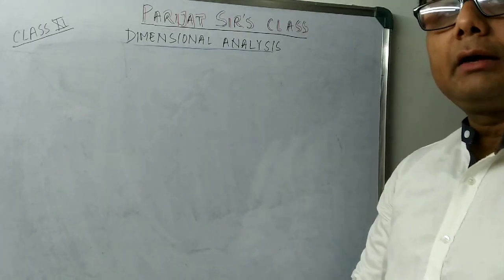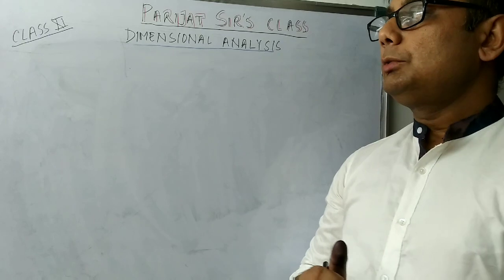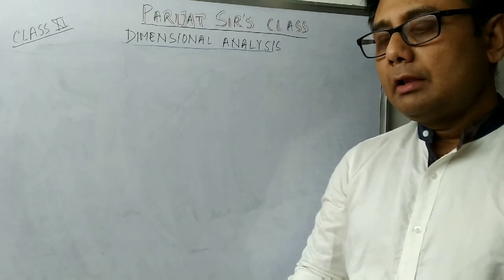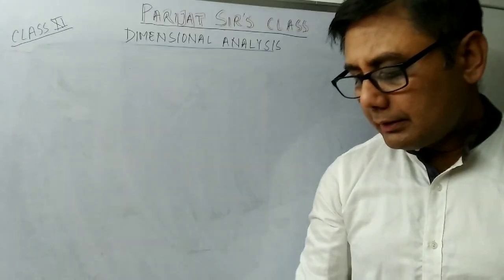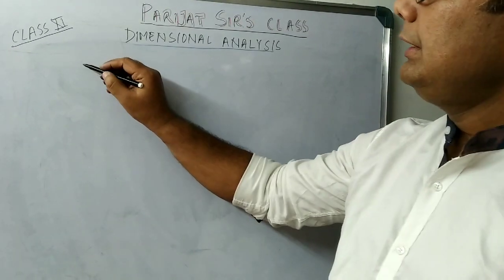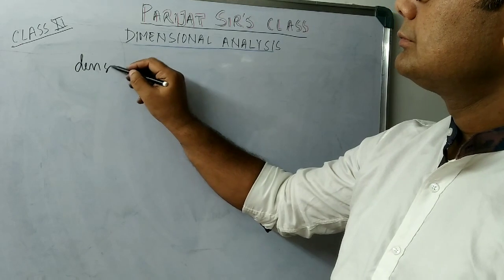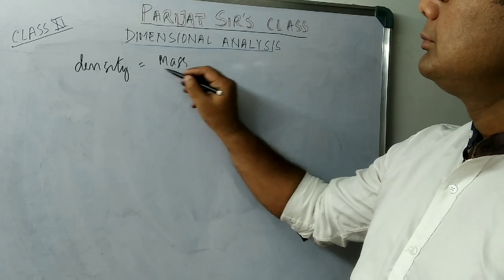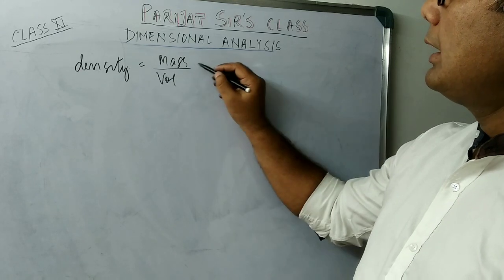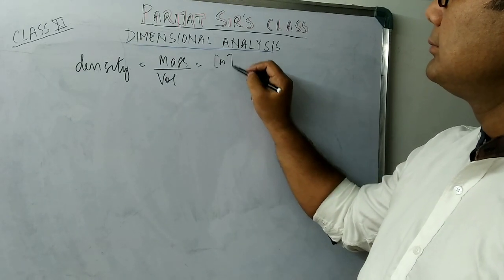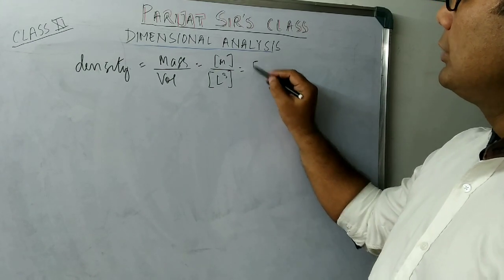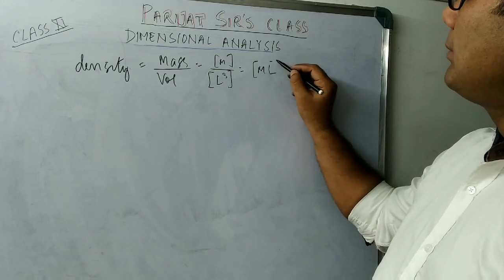Let me tell you, because it's not possible for me to give you 100 dimensions, let me introduce another term, that is density. We know density is mass by volume. Mass is m. Volume is length into breadth into height. So it is actually m L minus 3.